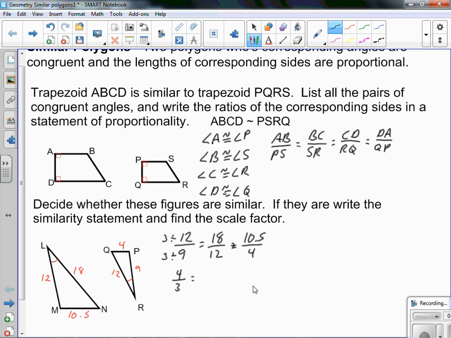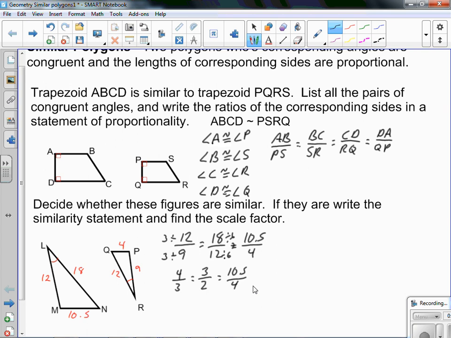18 and 12 are both multiples of 6, so they both divide by 6, which is going to give us 3 over 2, and 10.5 over 4 is really not going to reduce at all.